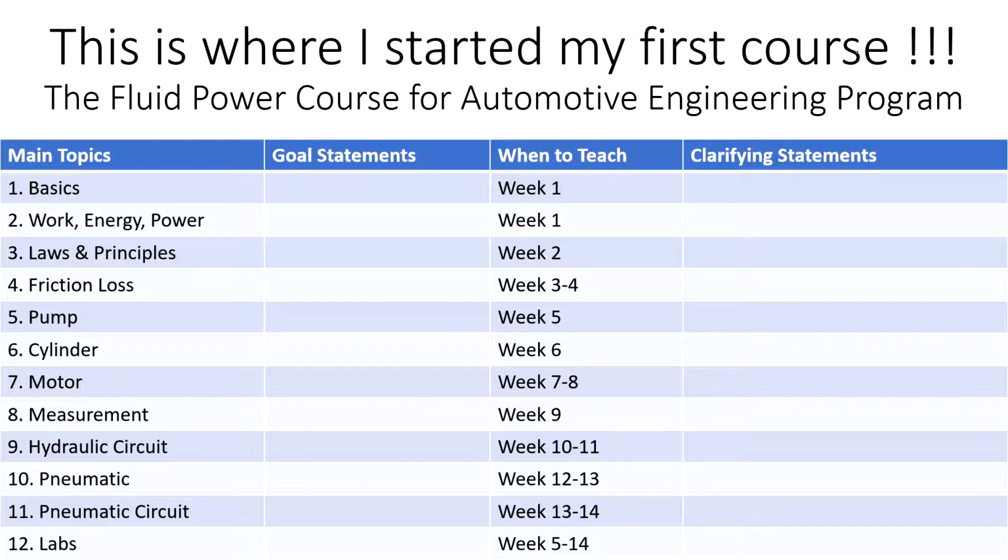So this is our typical traditional syllabus, which has nothing to do with what exactly this automotive engineering program needs, why the students are enrolled in the first place, and to what extent we are contributing to their final goal. So these are not clarified in the traditional approach.